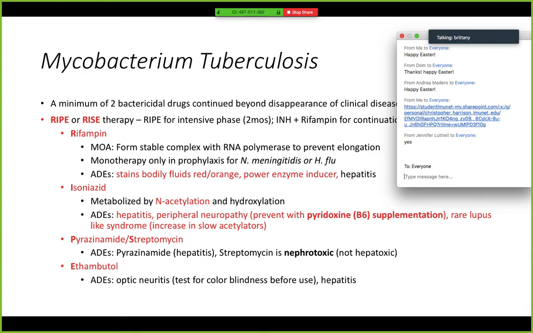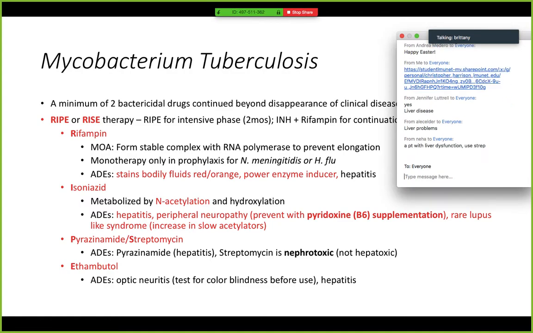Can someone tell me when you would choose RISE over RIPE? What kind of scenario would you choose RISE therapy over RIPE therapy? Any ideas? You guys are always welcome to unmute too. I don't mind that at all.